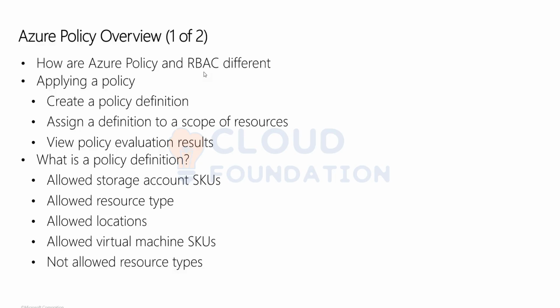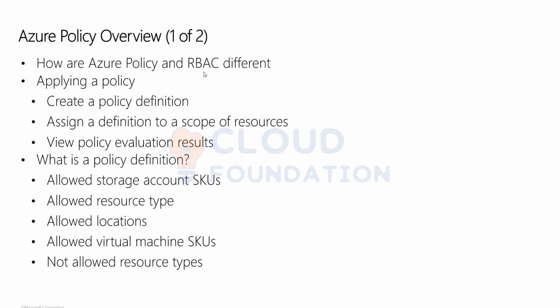Next thing that you see here, Azure Policy is about resources. How are you going to protect the resources? How are you going to make sure that the right resources are being created by the users? Earlier, this was from user to resources, this is from resources to users.